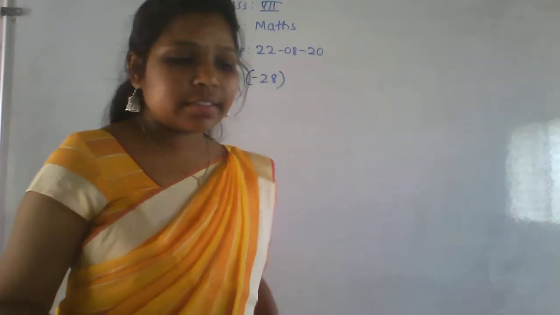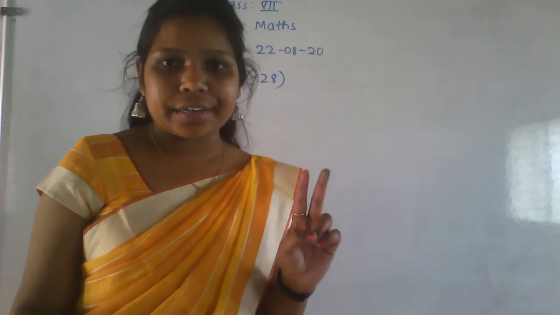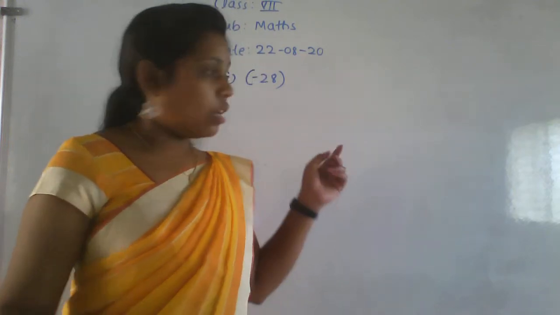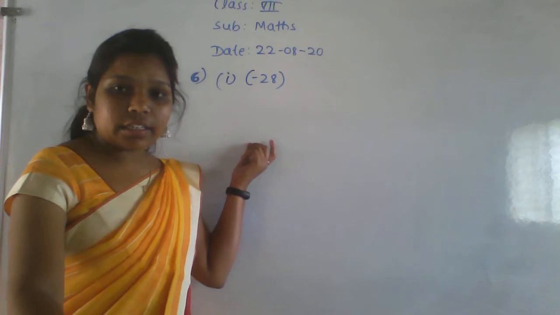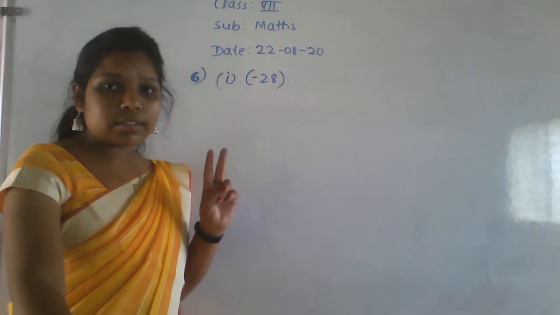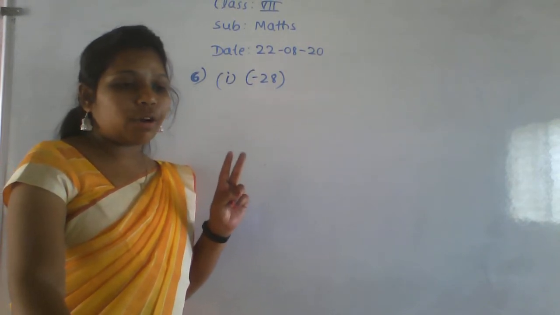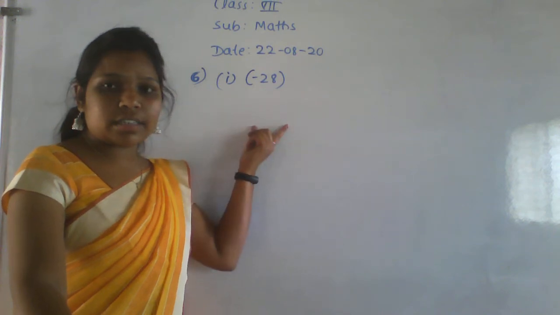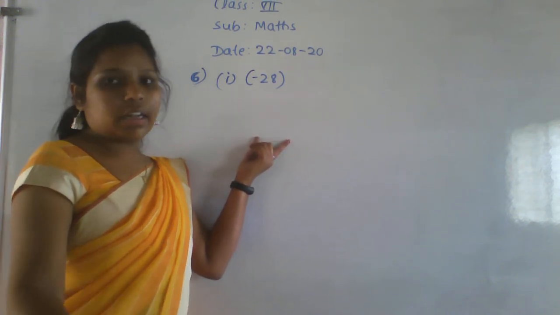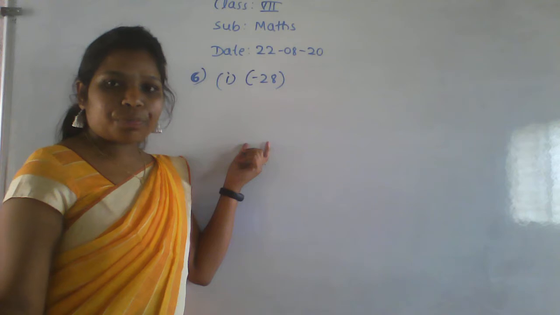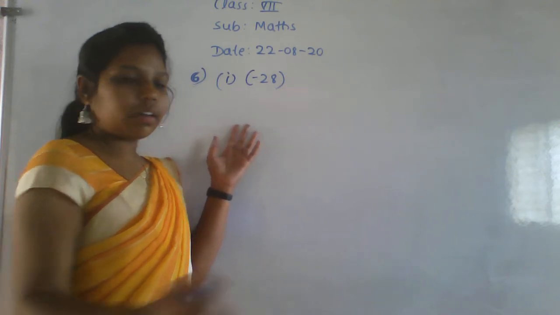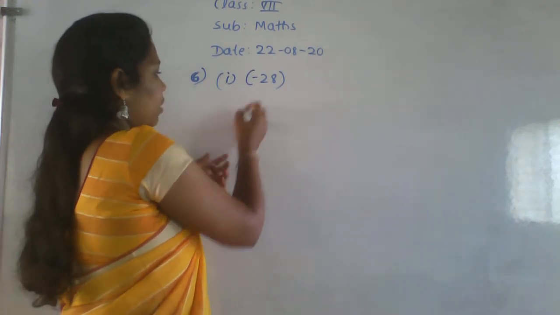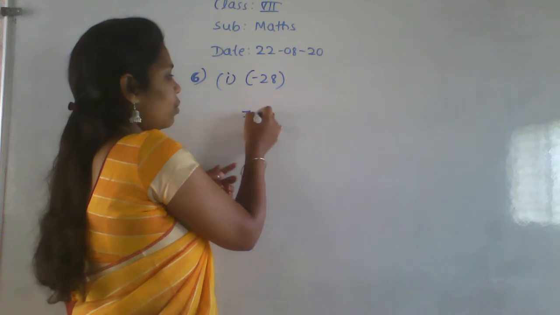You have to express this number as a product of two factors. What are the factors of 28? You can use any two numbers. That is nothing but 14 into 2 or 7 into 4. You can use any one here. That is 7 into 4.